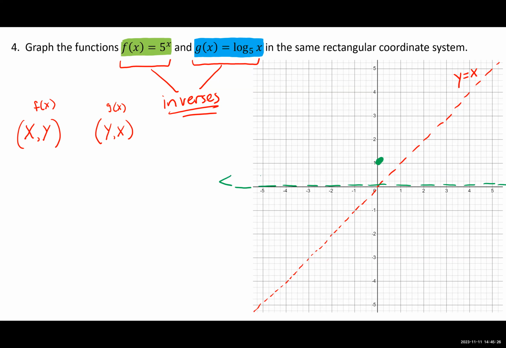But it's going to look something like this. All right, so this is the graph of f of x is equal to 5 to the x, passes through the point 0, 1. That's the y-intercept.